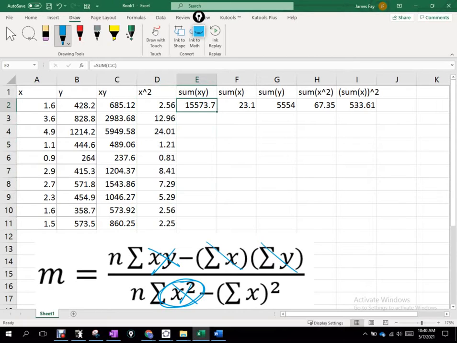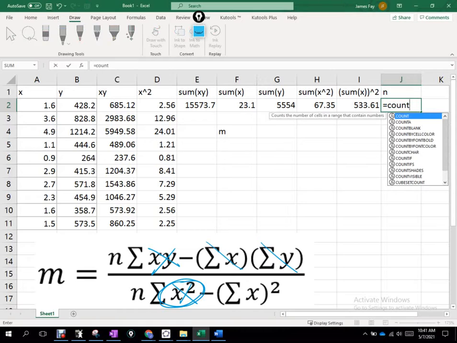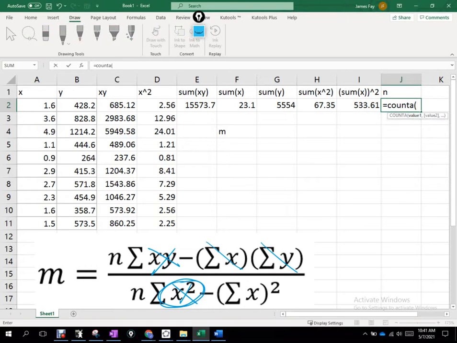Now in this box, I'm going to say N. If this is something you want to use to get these values later on for other problems, we need a cell that identifies the amount of data we have. So over here in J, I'll hit equals count A.